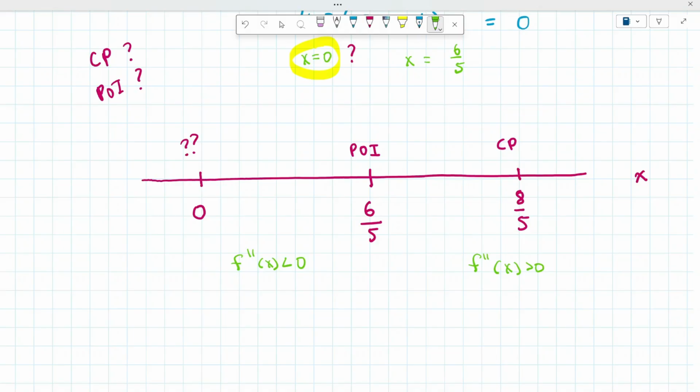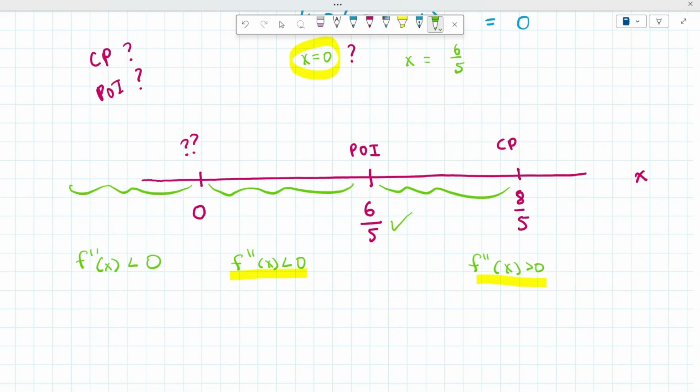Now we plug in a number less than 0 into our second derivative, and we also get that it is less than 0. Between these intervals, we can see that around this point, our second derivative goes from negative to positive, so that confirms that yes, hooray, this is a point of inflection.